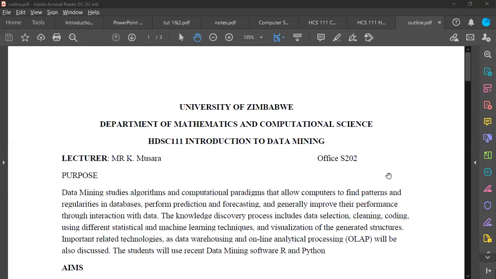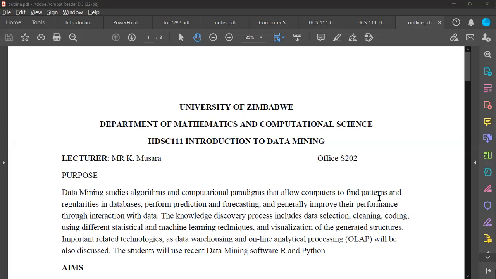The first thing is I met a guy yesterday. This guy is doing a master's in computer science in Cape Town. He had done computer science as a degree at NAST, and then he applied for data science at UCT, and he was rejected for data science.